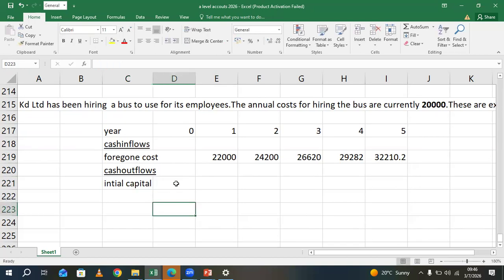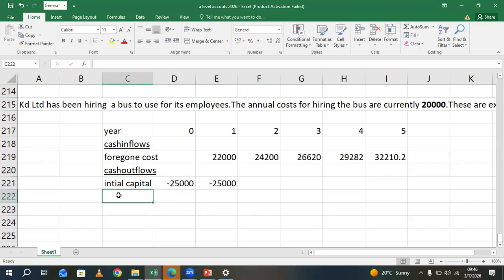So we're going to pay the 50,000 to buy the bus. We are paying half now, which is 25,000, and the other half after a year, which is in year one.